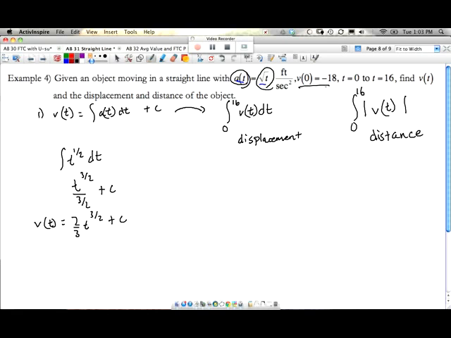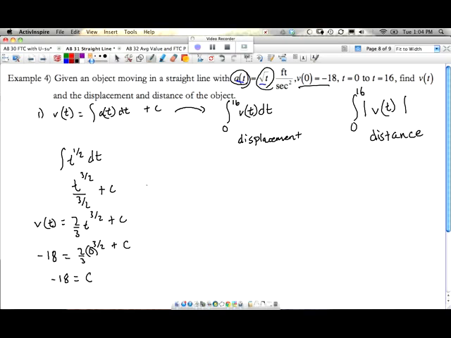But we know that when we plug in 0, that's going to be negative 18. So if I plug in negative 18 over here, I can plug in 0 for the t. 2/3 times 0 to the 3/2 plus c. Well, this 0 creates a 0 for this whole term, because 0 to the 3/2 is 0, times 2/3 is 0. So negative 18 equals c.